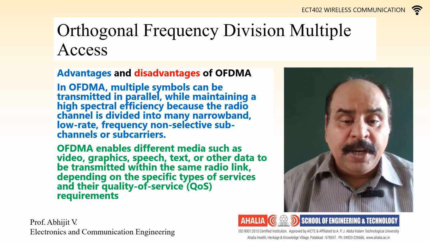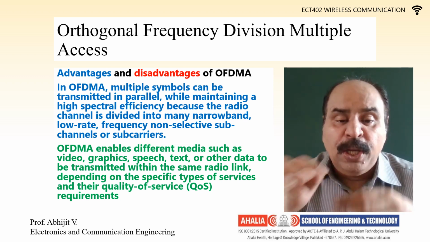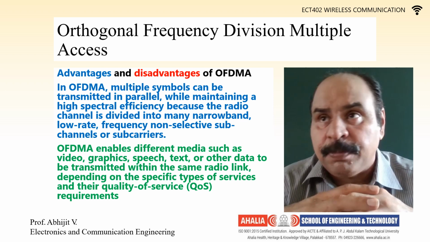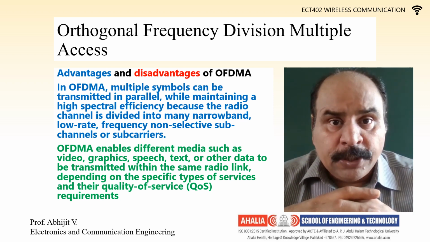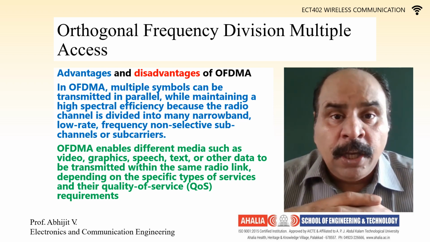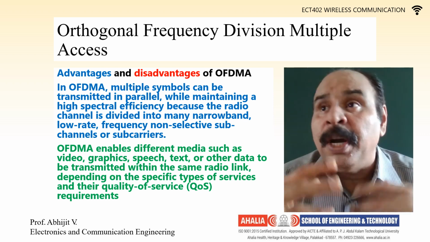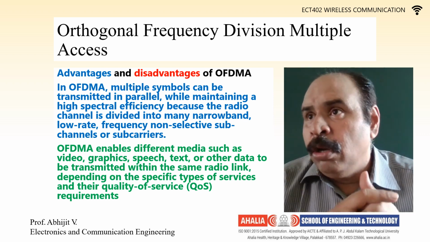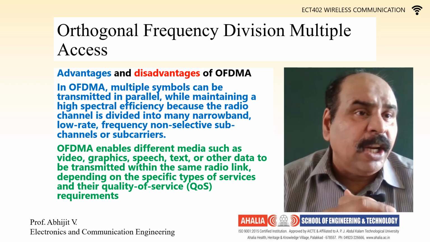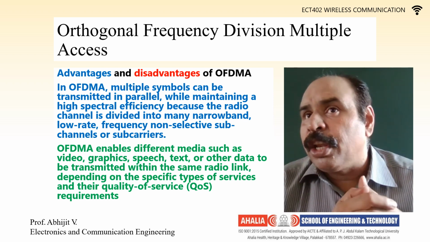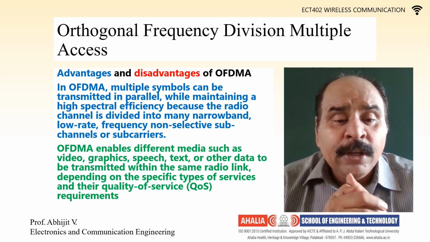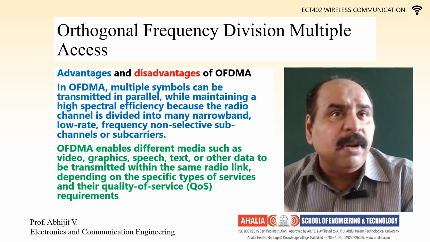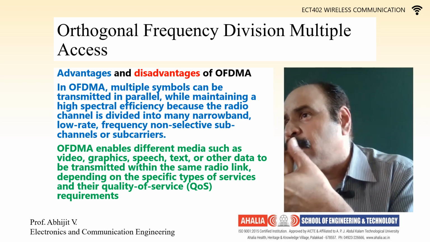OFDMA enables different media such as video, graphics, speech, text or other data to be transmitted within the same radio link. This is one of the major requirements of this generation. As we go on, we need to transmit more data with the same radio link. So this is one of the major advantages of OFDMA.